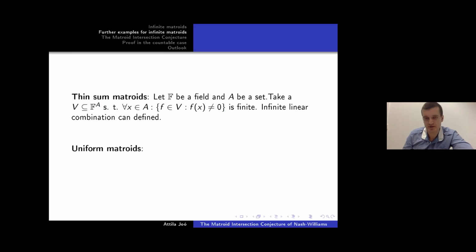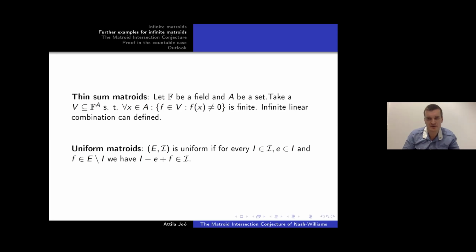So that's not the right way to define it, but there is a definition. We demand that whenever we have an independent set I, an edge in this independent set and another edge which is in the complement, then if we delete this edge and put the other edge into I, then this should be independent again.